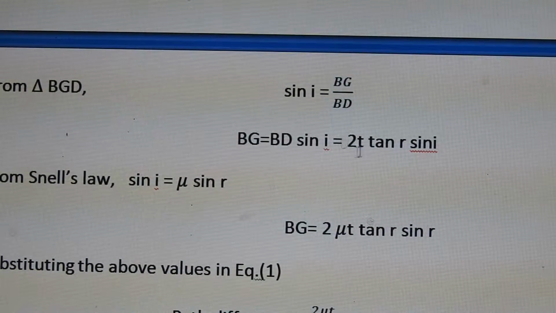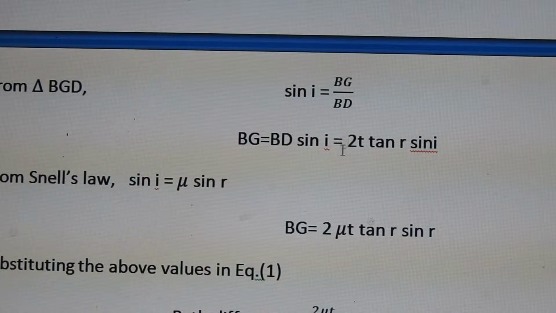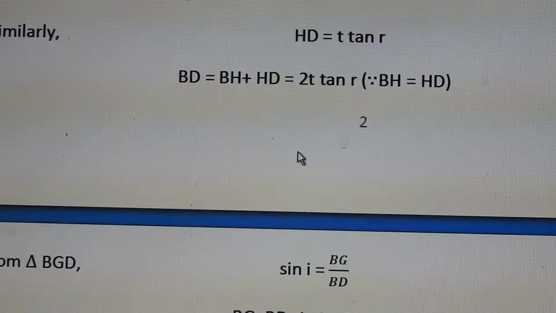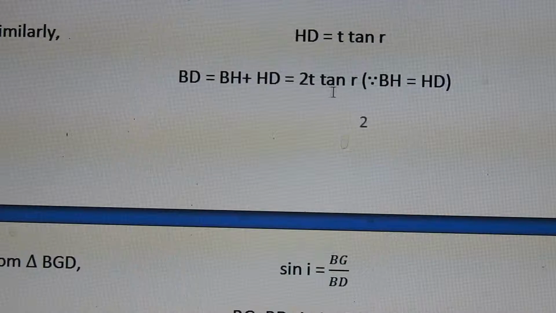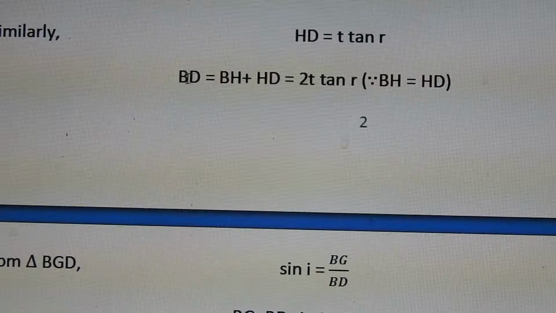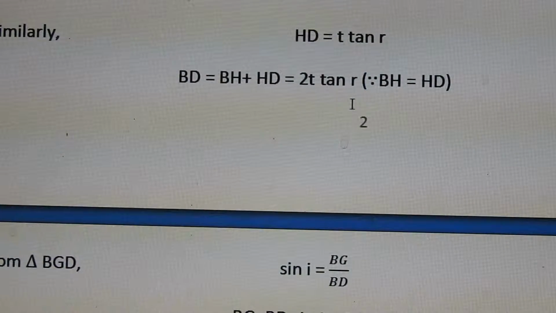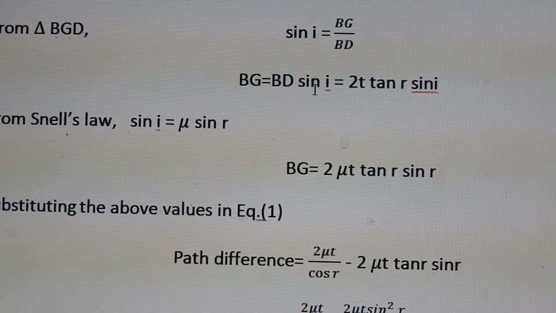BD is already calculated just now: BD is equal to 2T tan R. So BG is equal to 2T tan R sin I.